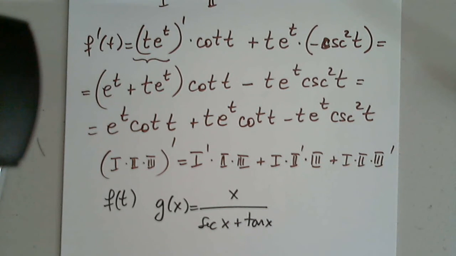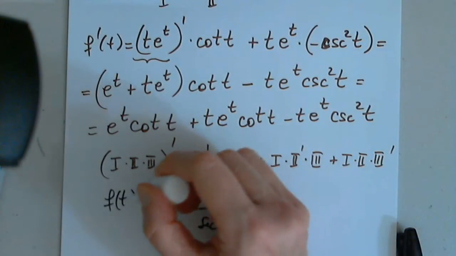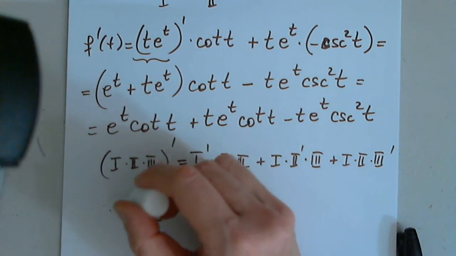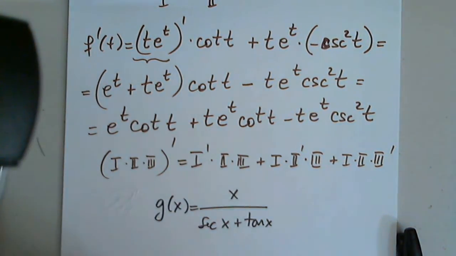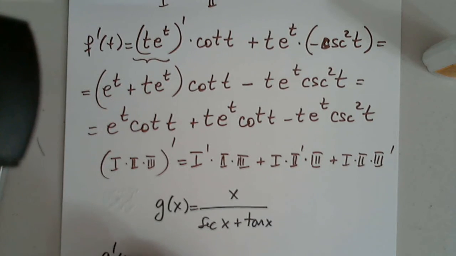Okay. Good. So we want to determine g prime. Obviously, we have to use the quotient rule on this one. So g prime. I will immediately write the denominator to get rid of it.